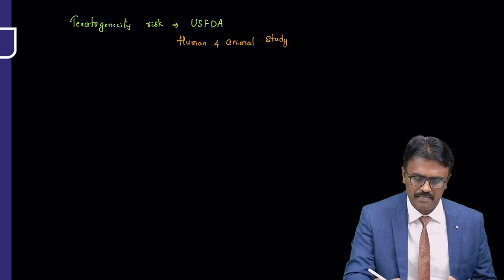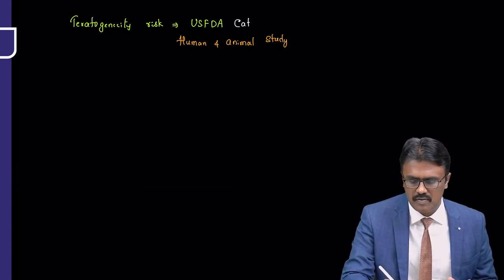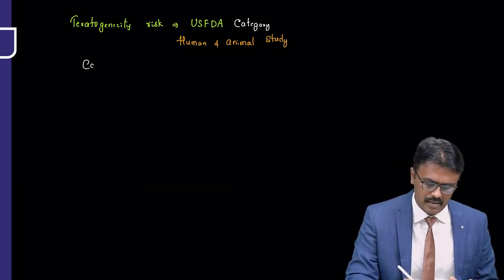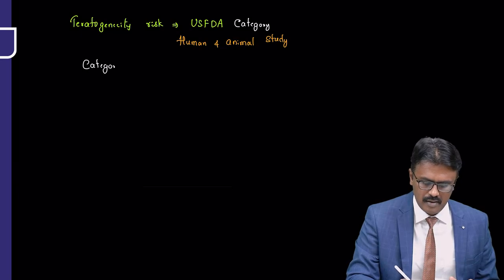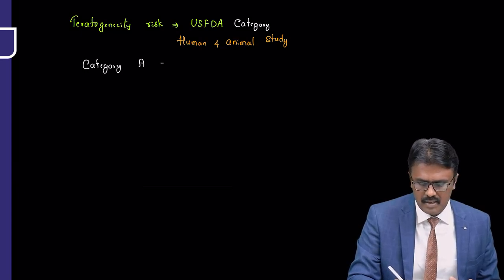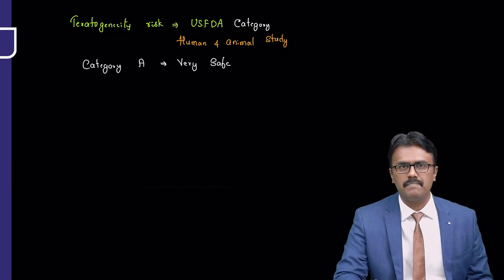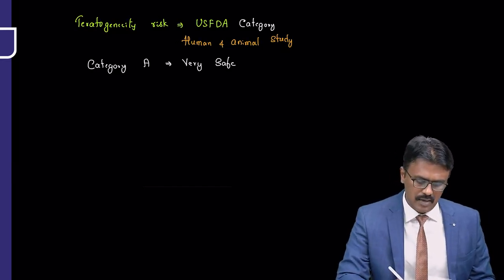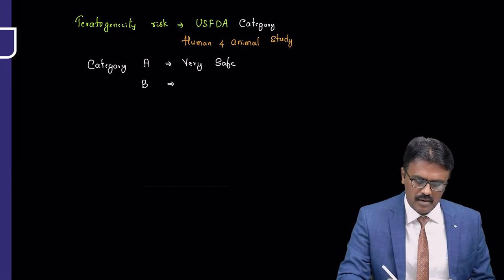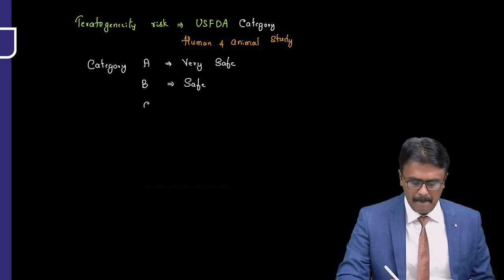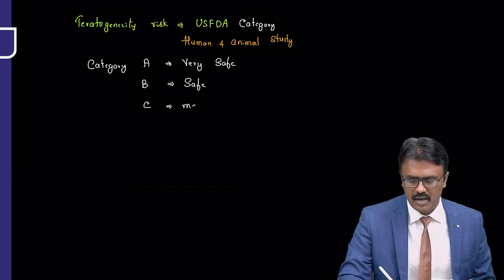So what is the category? We call it the US FDA category. Okay, let me write that. Category A. These drugs are very, very safe. You can prescribe to the patient. Now, category B drugs are safe. C may be safe. Why are we telling may be safe?